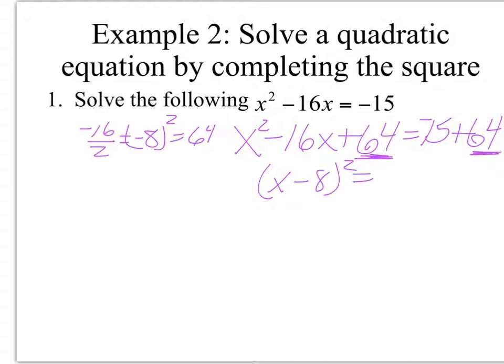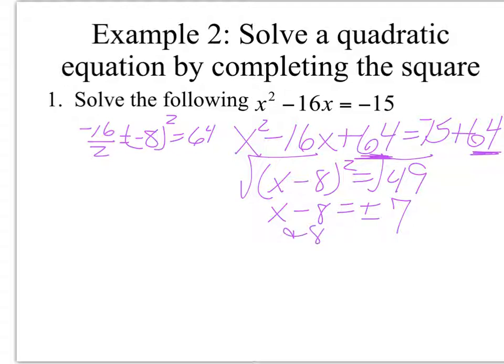Negative 15 plus 64 is going to give me 49. I'm going to square root each side. So this is going to look very much like our square root problems at this point. So x minus 8 equals positive or negative 7, because the square root of 49 is a perfect square.